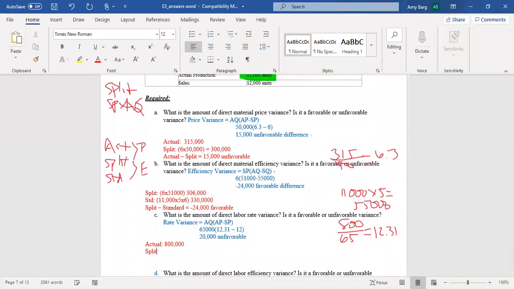And the split is going to be the standard price, which is 12 times the actual quantity of hours used, which was 65,000. That's going to come out to 780,000. So if you do actual minus split, you still get positive 20,000, which is still unfavorable.